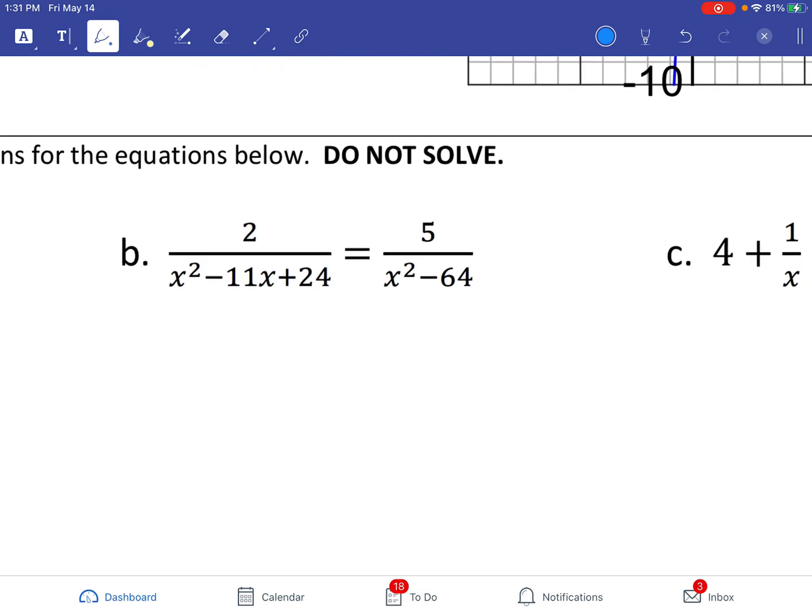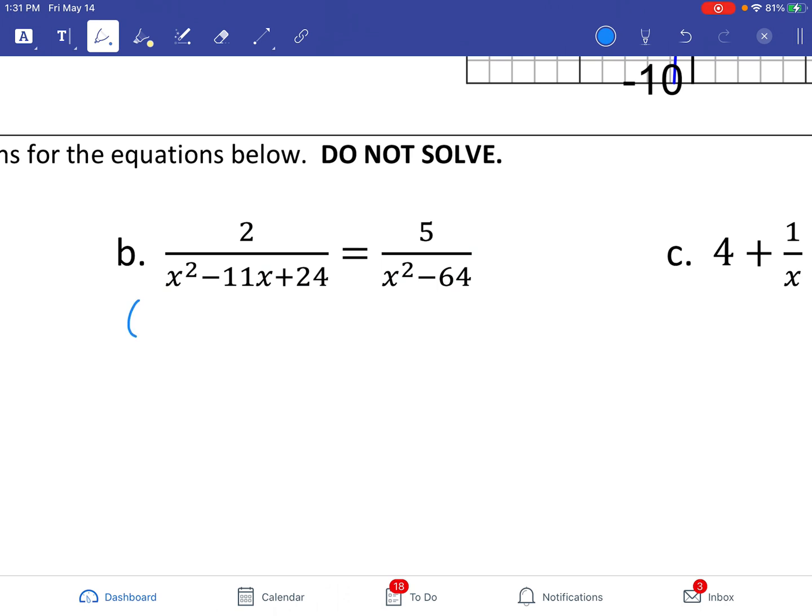Next one, we have to factor these first. You're going to find 2 numbers that multiply to give you positive 24 but add up to give you negative 11. That would be negative 8 and negative 3. On the other side, x squared minus 64, you have to factor that too. So you have x plus 8 and x minus 8. These are the difference of 2 squares problems, which we've seen before.